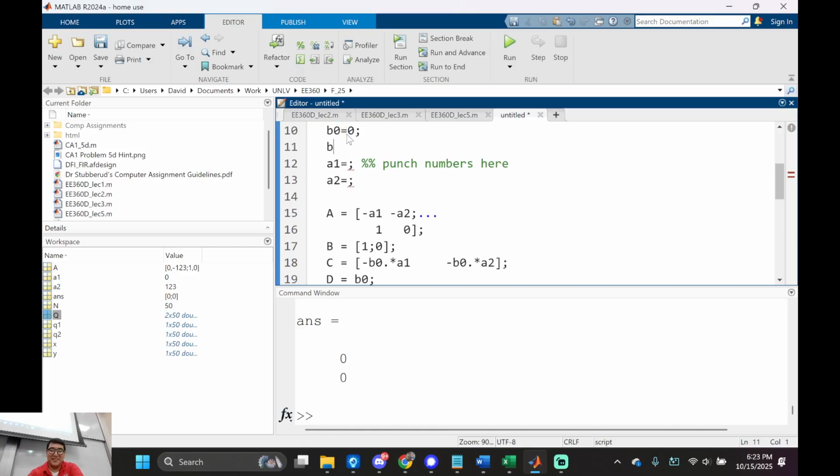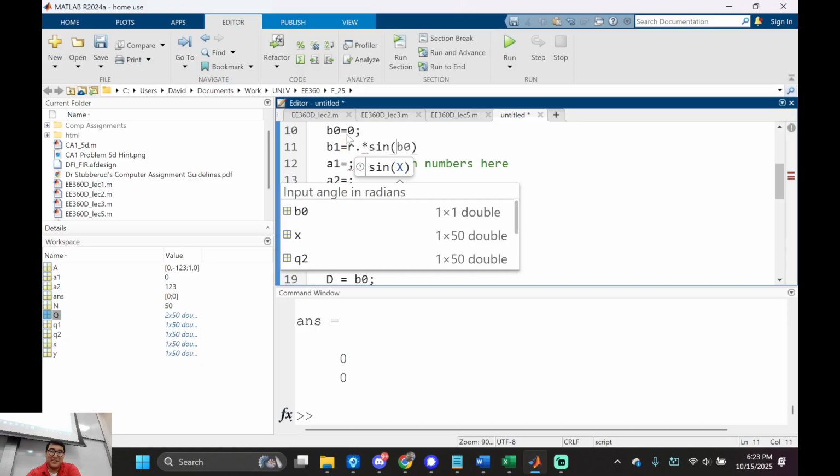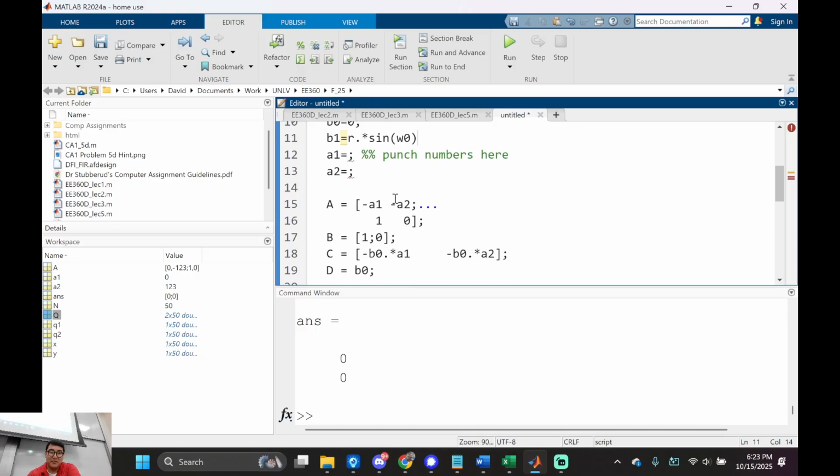So I say, don't worry, y'all. What's B1? It's going to equal R dot times sine omega naught, correct? B, there's no B2. What's A1?